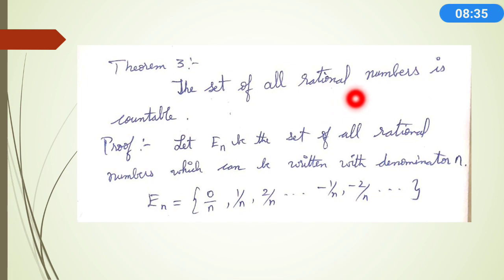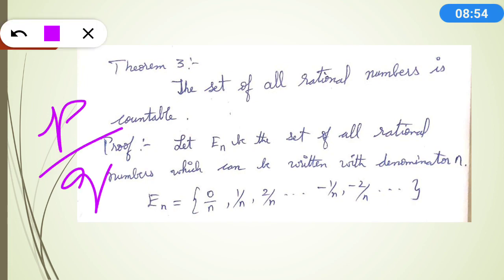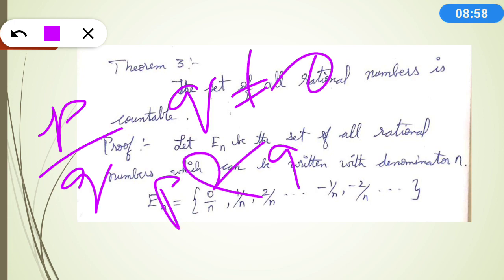A number which is represented in p by q form, where q should not be equal to 0, and p and q must not have any common factor. So rational number means this: q should not be equal to 0, and p and q should not have a common factor.